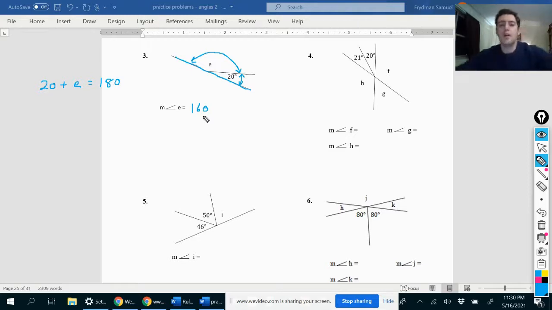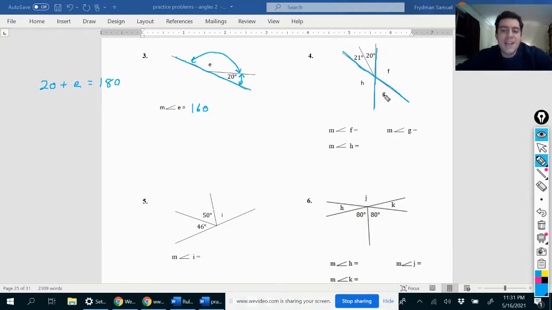All right. Now over here, we can see that angle G is formed by this line, which I extended over here, and also this line, which I'm going to extend over here.